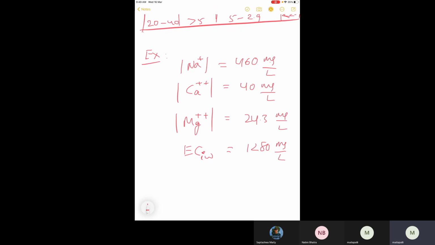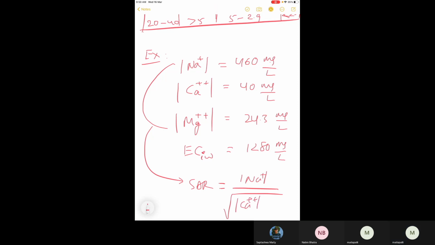So in order to understand, first find out what the SAR is for this. SAR will be Na+ divided by the square root of (Ca++ plus Mg++) divided by 2.